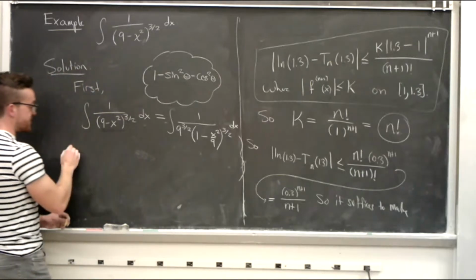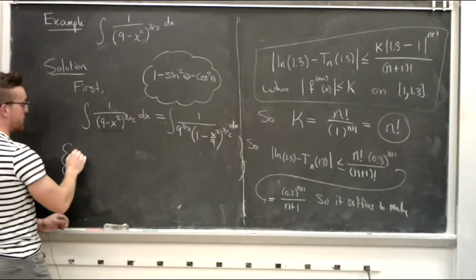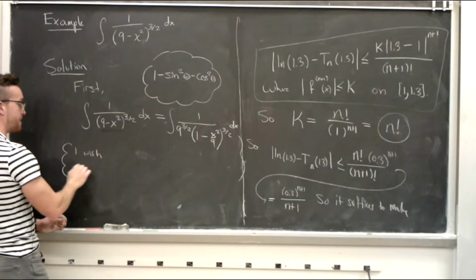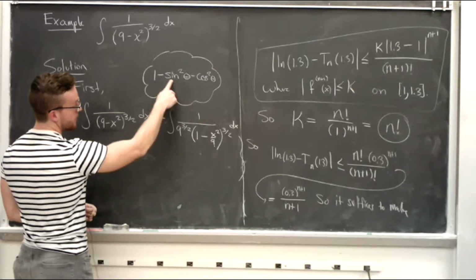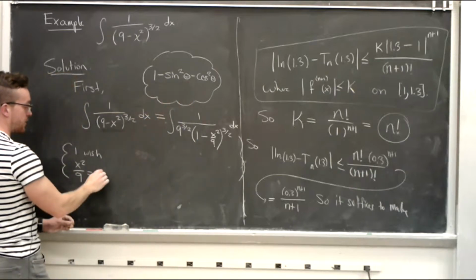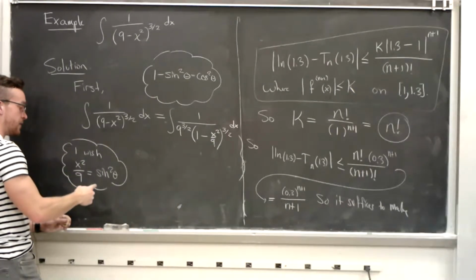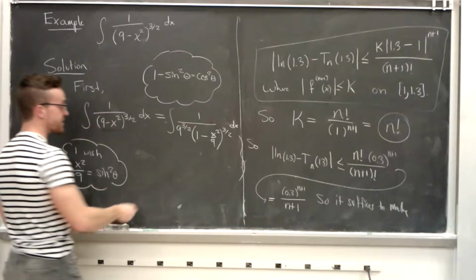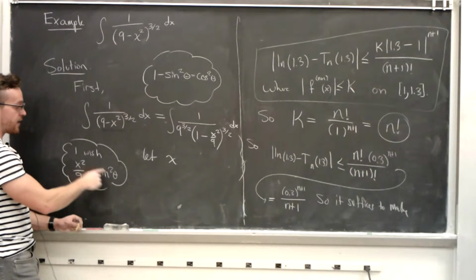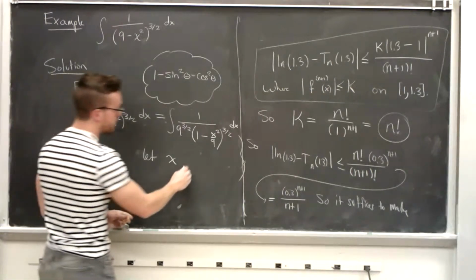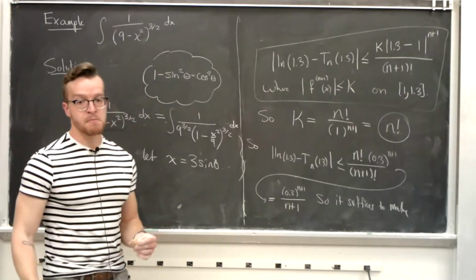So what I think is now, gee, I really wish x squared over 9 looked like sine squared of theta. And this is what will dictate the trig sub. So in particular, I could solve for x, and I would let x be 3 sine theta.